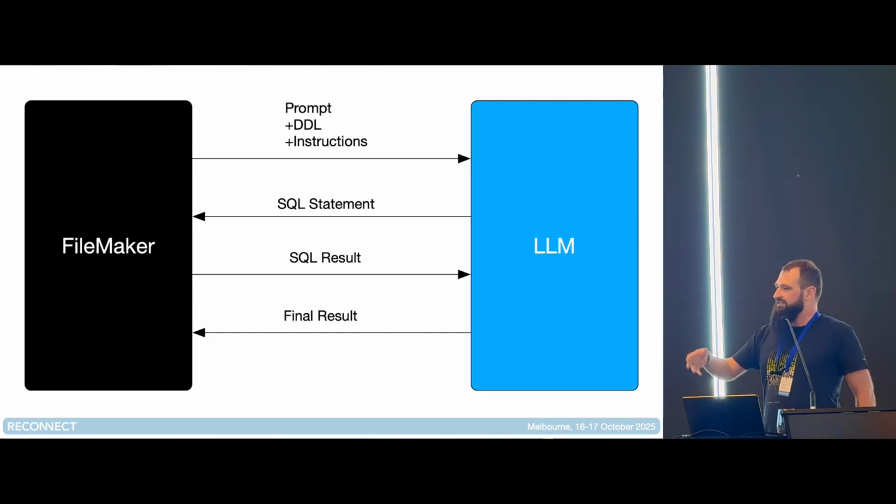So that first SQL statement might not work. FileMaker will run it, and even if there's an error, it'll return that result back to the LLM. So if it's created a bad SQL statement, it gets an error back and it says, oh, okay, I'll try and rewrite that. I'll do it a different way. And it sends another SQL statement.